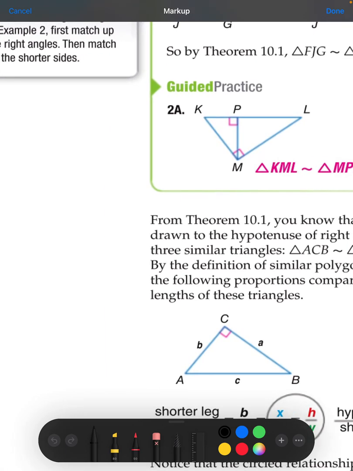All right, so let's say that you didn't know anything about this other than you know that by drawing that altitude, you've made three similar triangles. And so what can happen is I think it's important to actually draw these so you can see what happens here. So we've got the very, very large triangle.